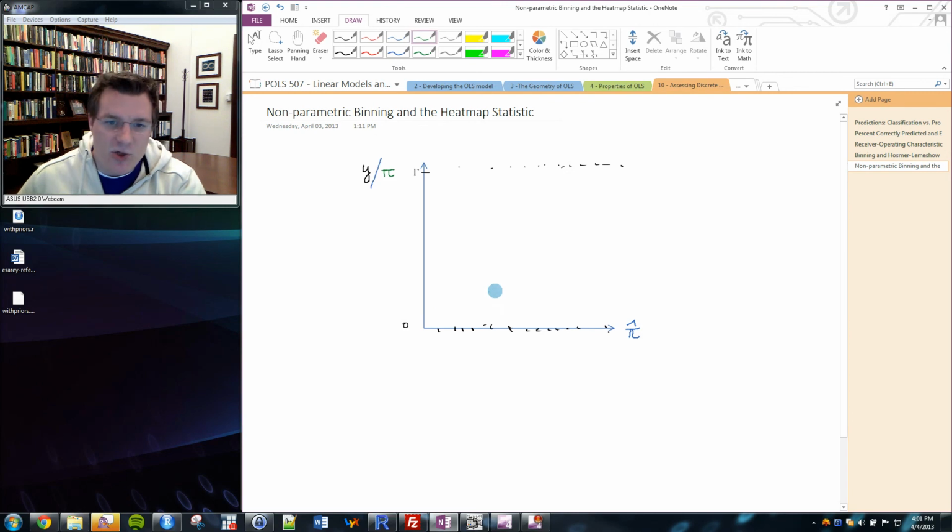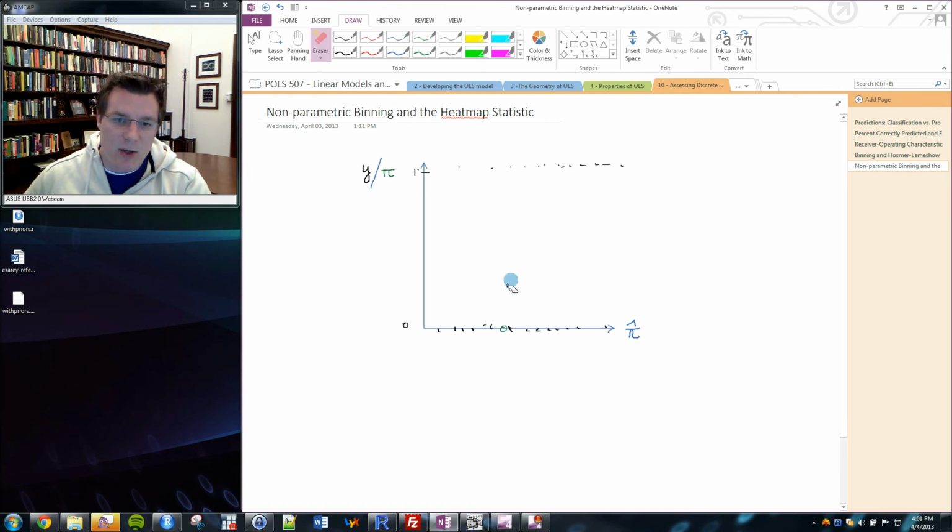But just to refresh your memory, for every point on the pi hat axis, for example, let's consider this point, we calculate a locally weighted average for our y observations, where the weight can vary. It can be an Epanechnikov kernel or a normal weight or a uniform weight with a defined window, something like that.